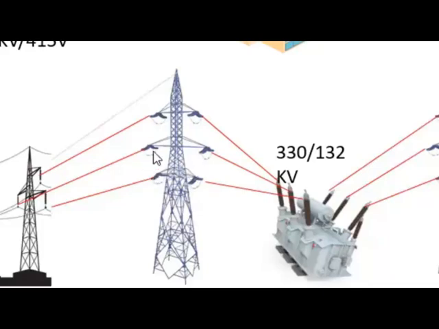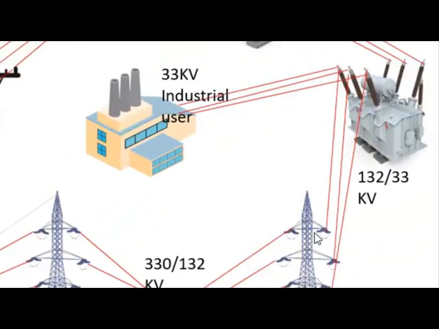Then from there, it is sent to the second transmission level, through the transformer that will step it down from 330 kV to 132 kV. Then from there, it goes to your 132 to 33 kV transformer, still in the transmission section of your power system.